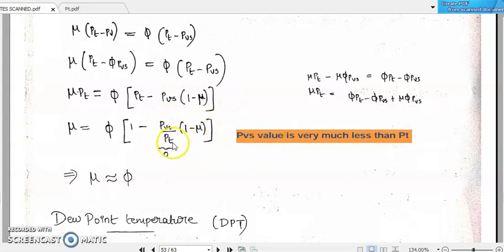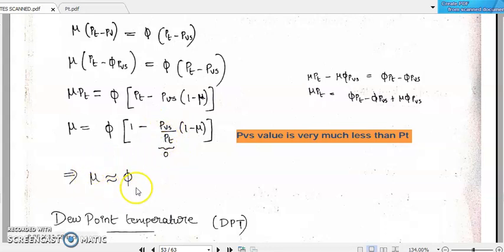But when we consider this fraction, PVS by PT, PVS means the partial pressure of water vapor when it is fully saturated. PT represents the total pressure exerted by both dry air and water vapor. So PVS is a much lesser value compared to PT, and we can almost neglect this fraction PVS by PT.